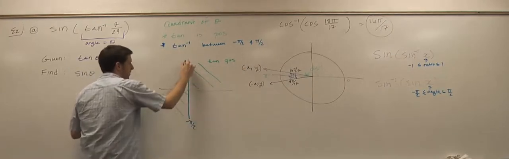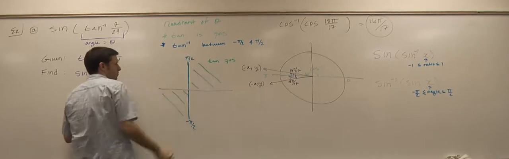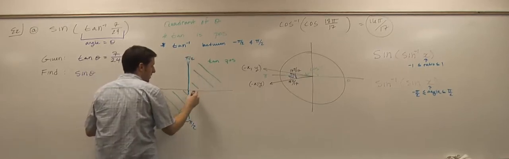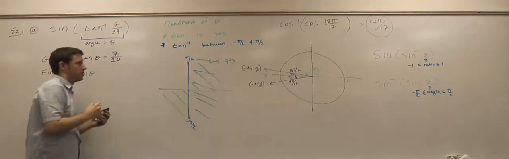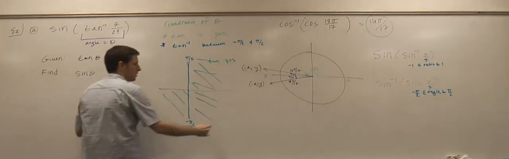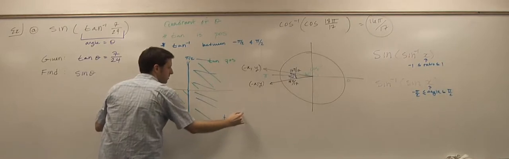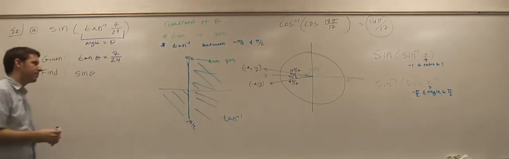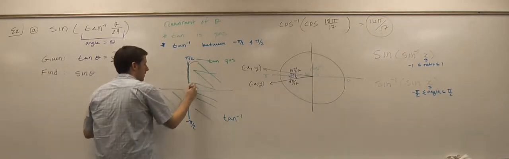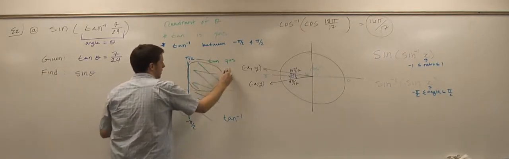This is pi over 2. Which means tan inverse ends up over here or over here. The overlap is in quadrant 1.